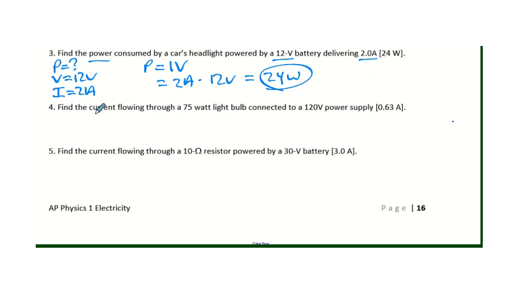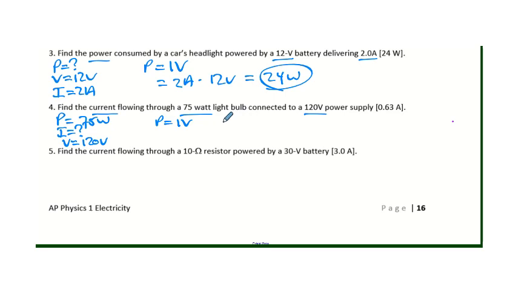Problem 4. Find the current flowing through a 75 watt light bulb connected to a 120 volt power supply. So we know our power is a given, 75 watts. And we know we're looking for our current, that's our unknown. And we know our voltage is 120 volts. So we're going to write our power equation.